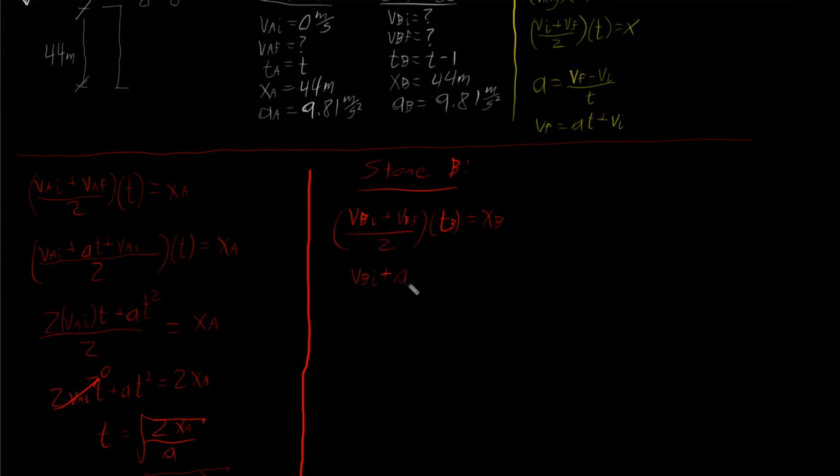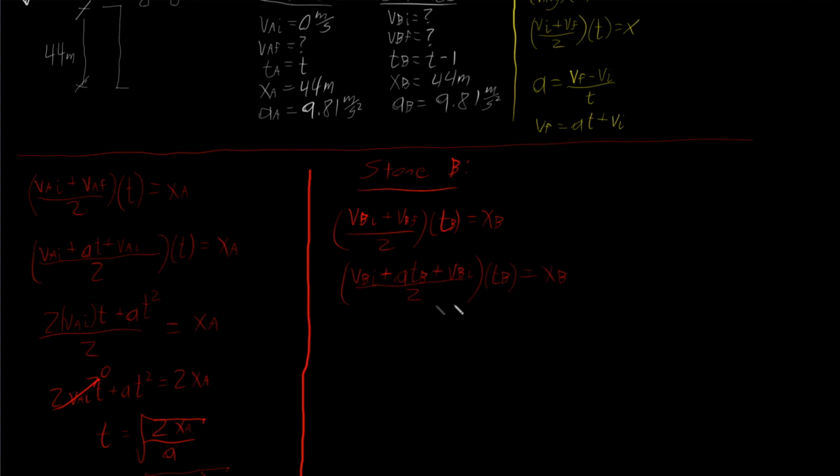So acceleration times time of stone B plus initial velocity of stone B. And this all here is divided by 2, multiplied by the time that stone B is falling for, is equal to the distance that stone B travels.